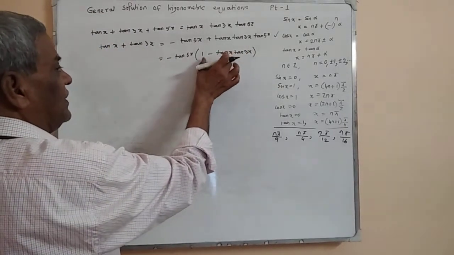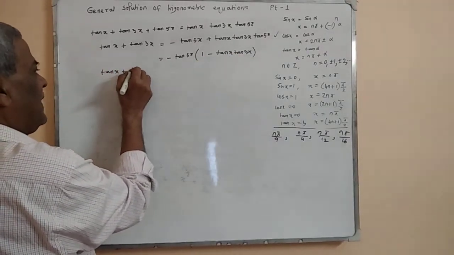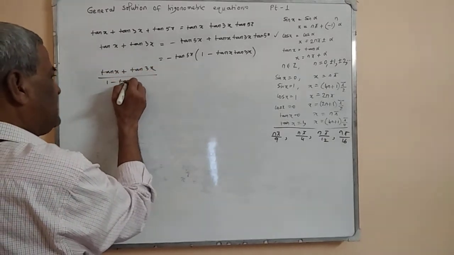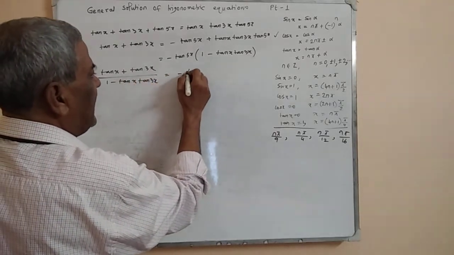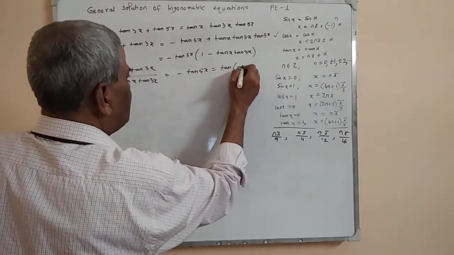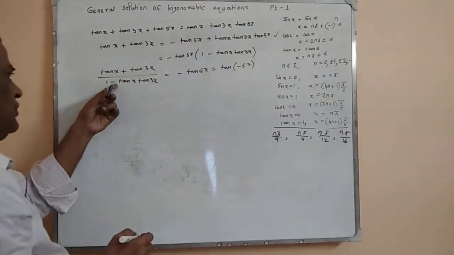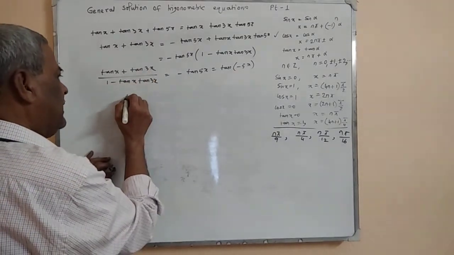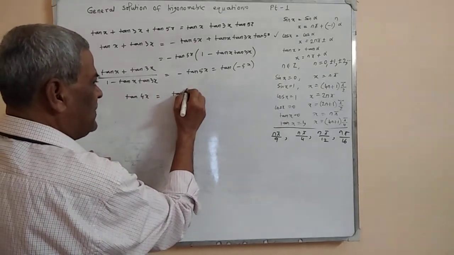Now take this factor to that side. Therefore, tan x plus tan 3x by 1 minus tan x tan 3x is equal to minus tan 5x, which is equal to tan of minus 5x. Now this one is the tan a plus tan b by 1 minus tan a tan b formula. Tan of 4x is equal to tan of minus 5x.